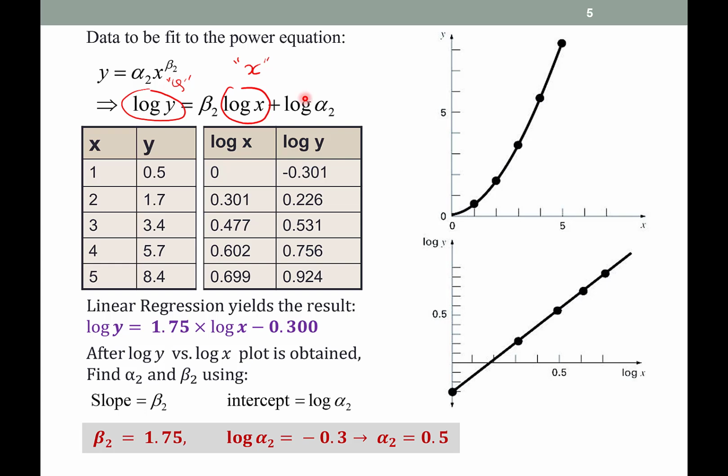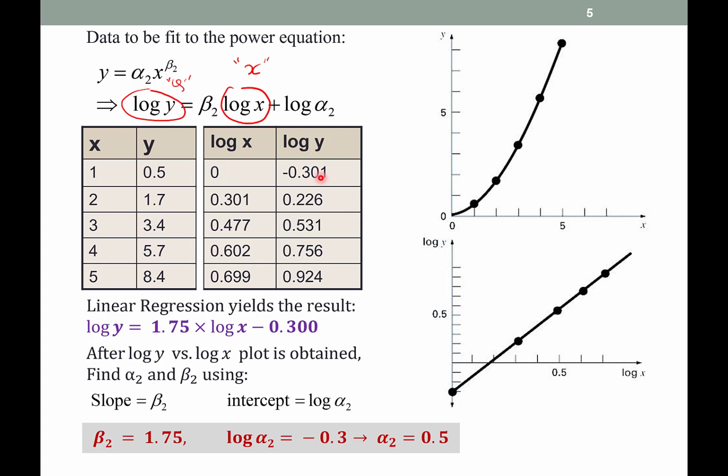We can plug the 0.5 back into this function, along with this beta 2, and plot it, and we get this nice power function that we see here that goes through these nicely set data points. Again, this is the linearized version.